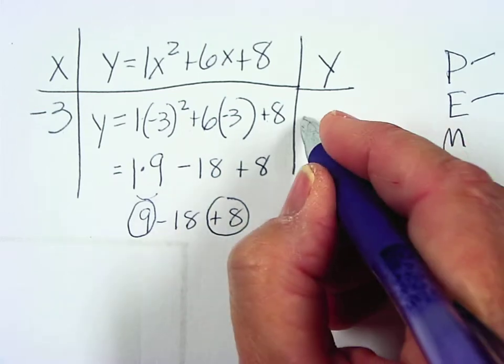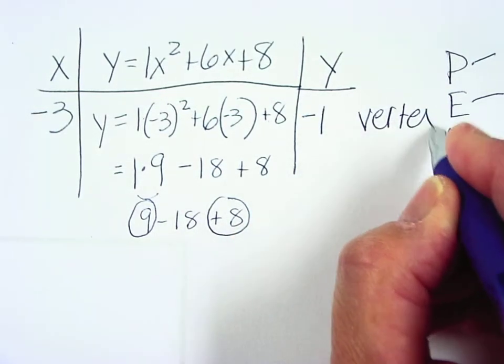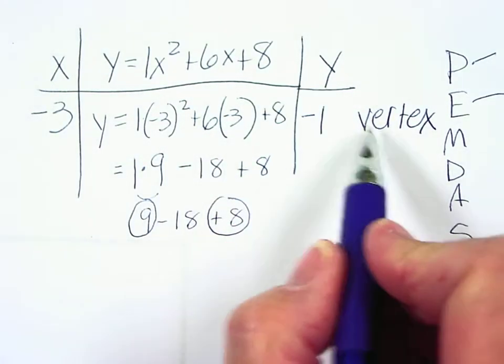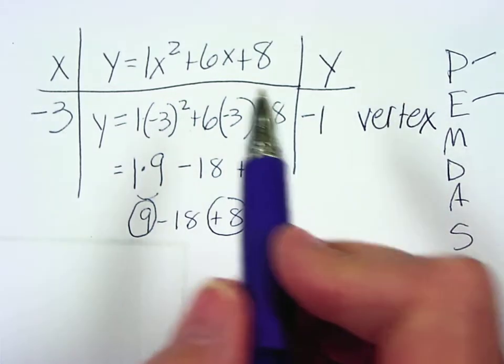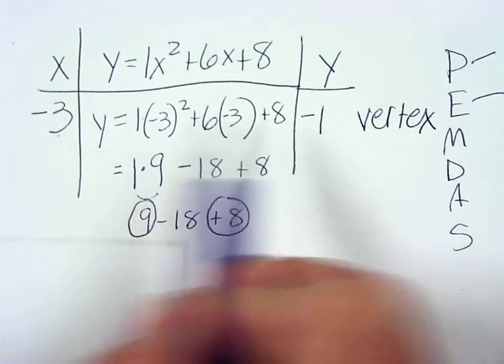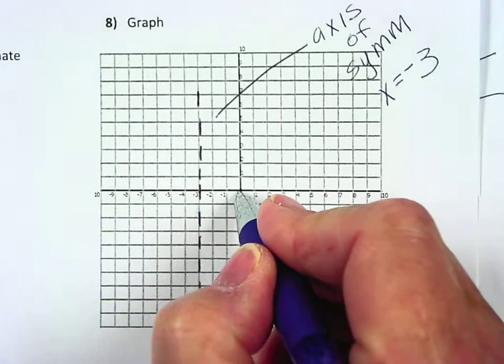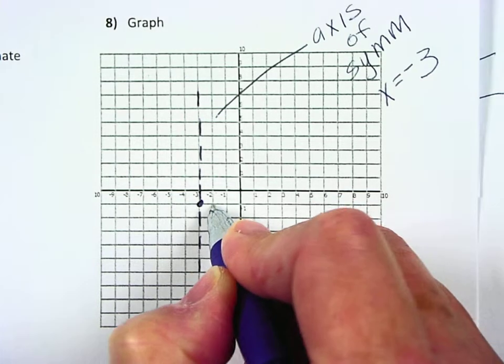I have one extra negative, so I just found my vertex. By plugging in the x value of the axis of symmetry into my equation, I have determined my vertex. So this parabola is going to change direction at the point negative 3, negative 1. And there's my vertex.